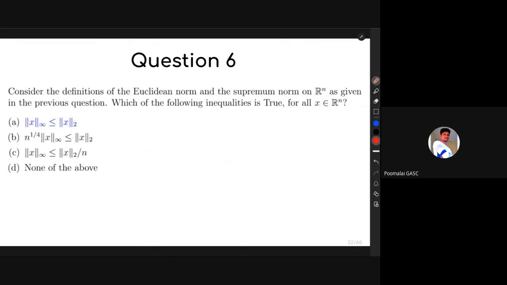By now, I assume that you are already familiar with the definitions, so I won't go into explaining the definitions again.